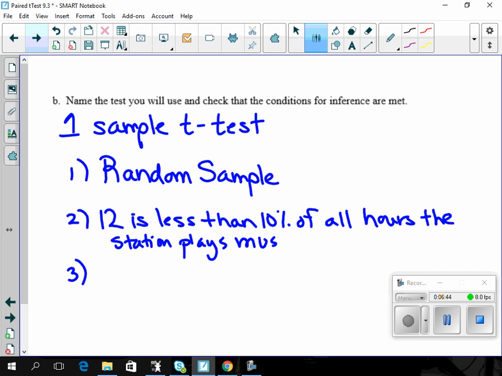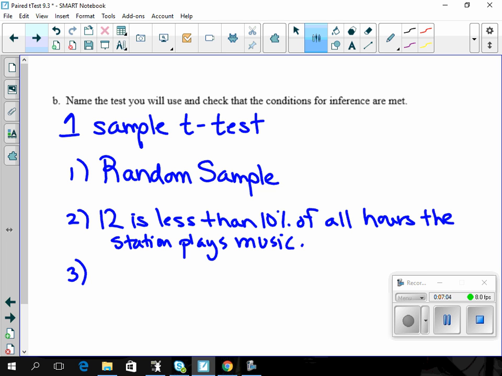Now we can say it this way. We can also say something like, we assume the station has played more than 120 hours of music. That would be the same thing, because 12 is 10% of 120, right? So that would be another way. There's 2 ways to say it, so I don't care how you say it.